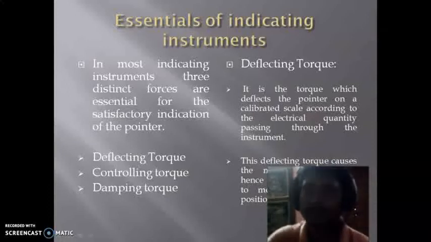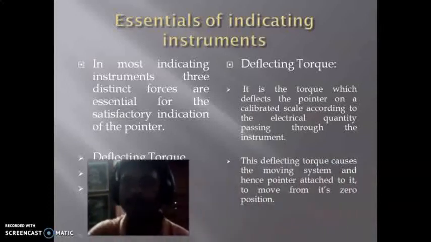So this deflecting torque causes the moving system, and hence the pointer attached to it, to move from its zero position, and obviously we can measure the quantity that is passing through it. So this is a deflecting torque, and this torque is very important for indicating instruments.